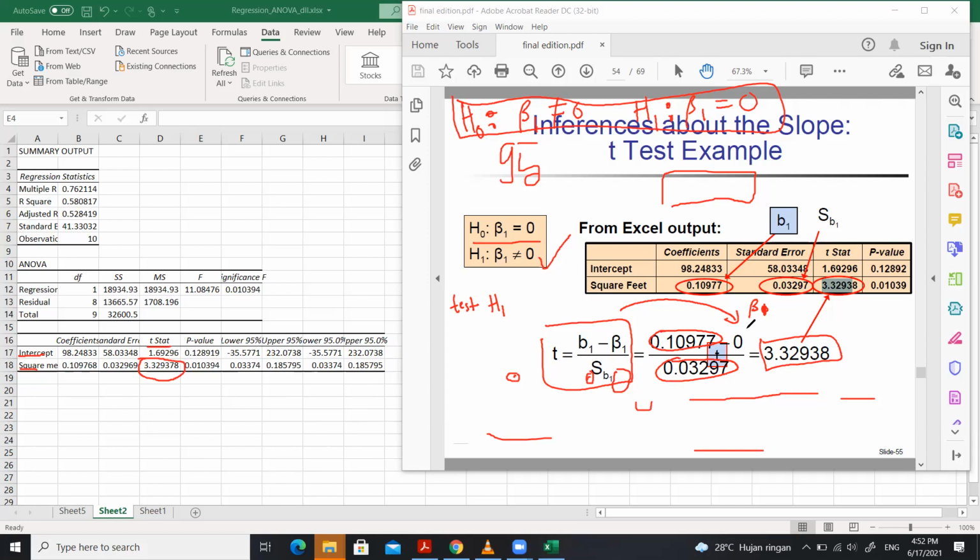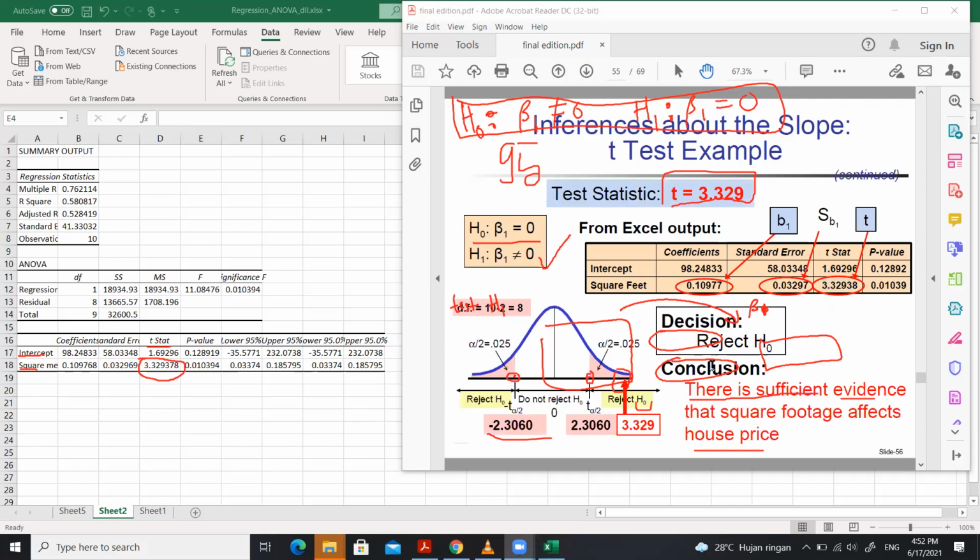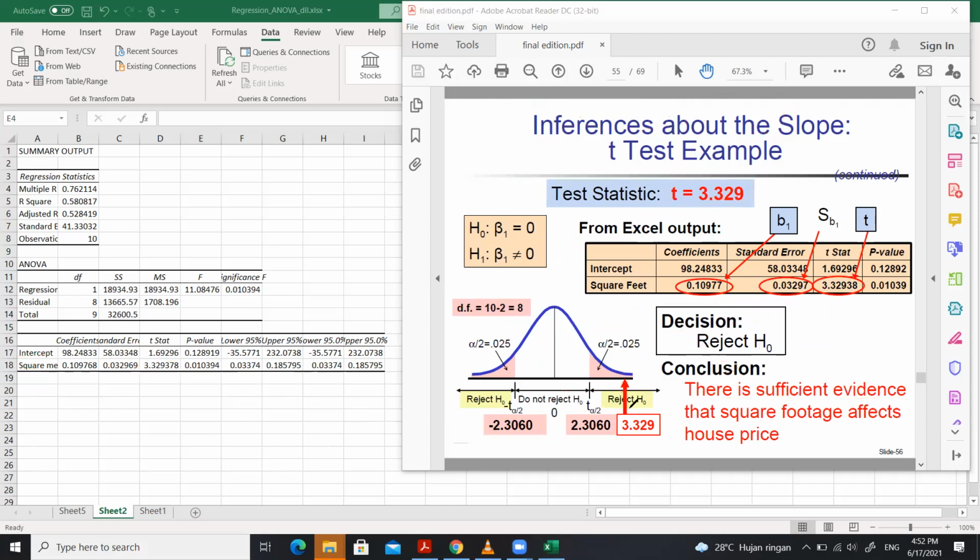Okay, sir. Okay, and then in this graph, we rewrite the null hypothesis as beta 1 equal to 0.